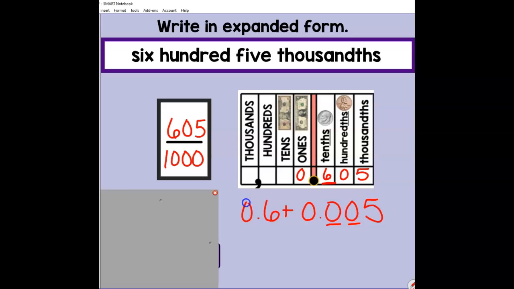If I wanted to write it in expanded form as a fraction, I'm going to say I have 6 1/10ths.